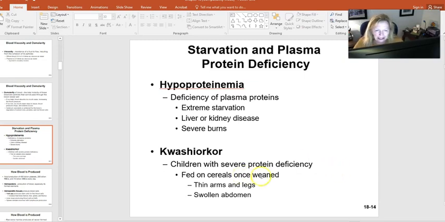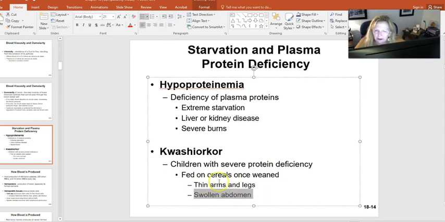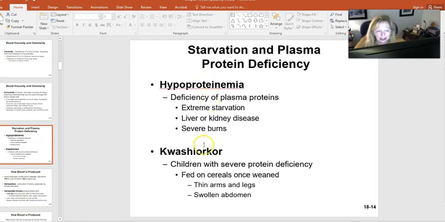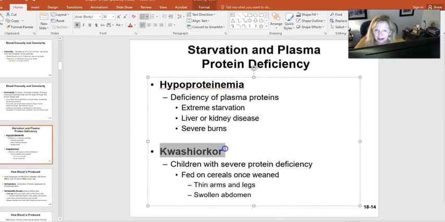So ascites, which is the fluid building up in the abdominal cavity. You can kind of see that. Swollen abdomens, but at the same time very thin and emaciated looking arms and legs. Kwashiorkor is the term for children with severe malnutrition.